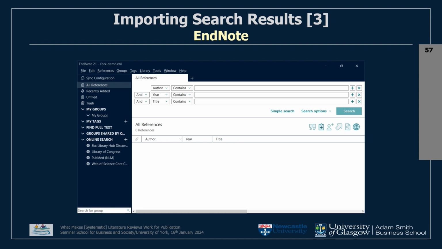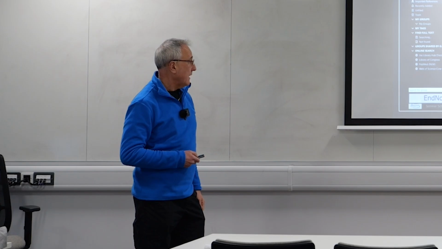This is my EndNote database. In fact, this is an empty EndNote database. You click on File, Import, you import the file that you've just exported, and then it automatically goes into EndNote. You can also set EndNote up so it'll have a go at finding the full texts.